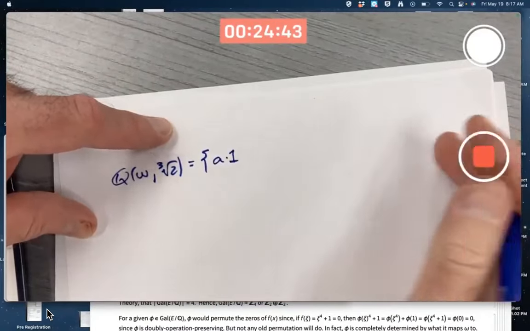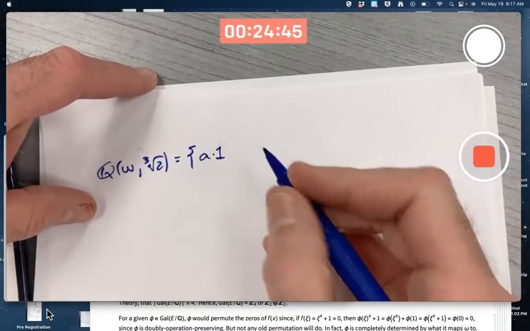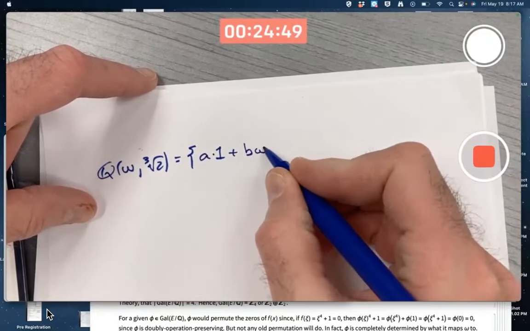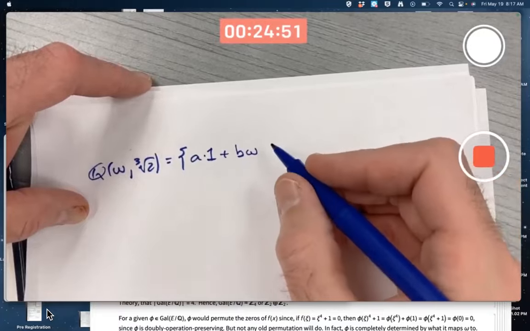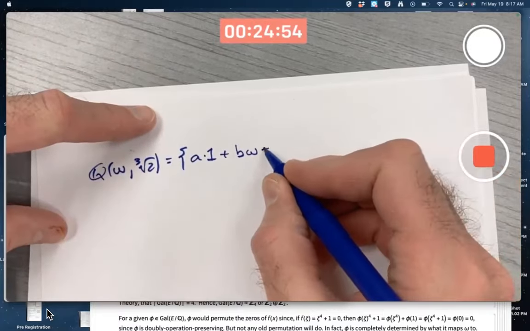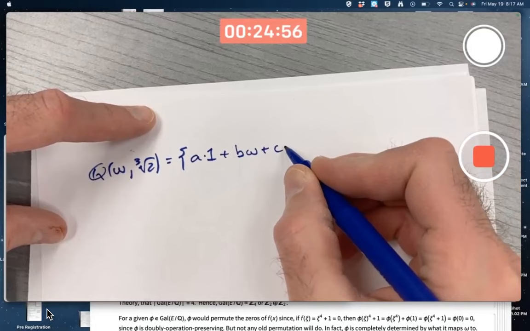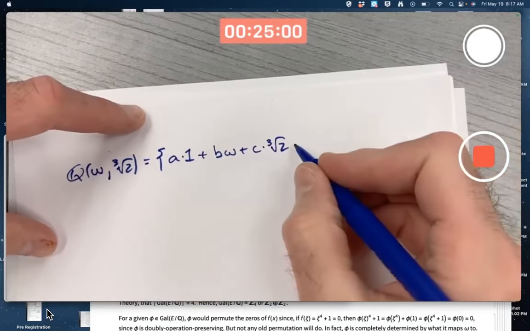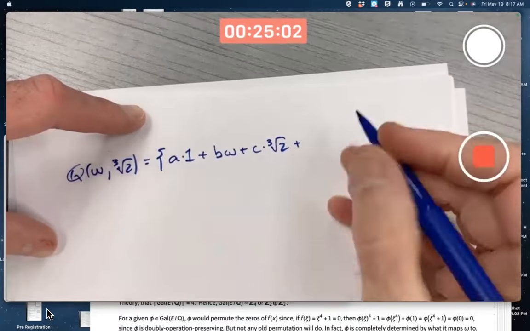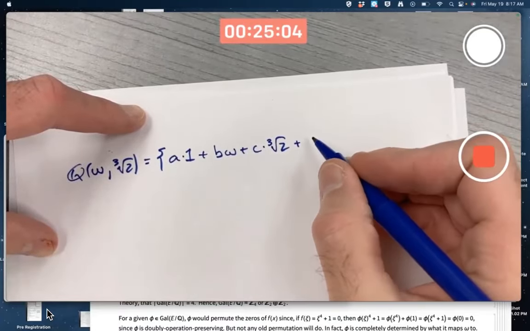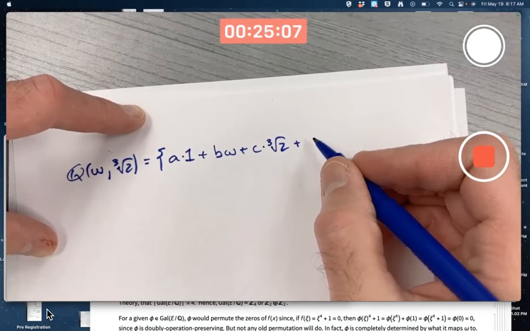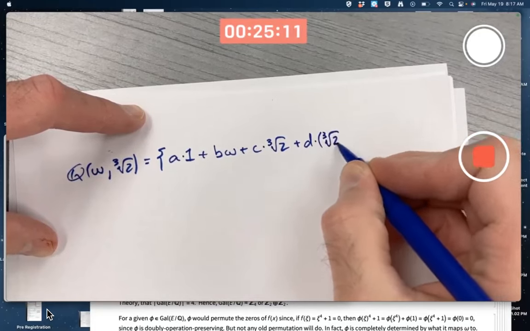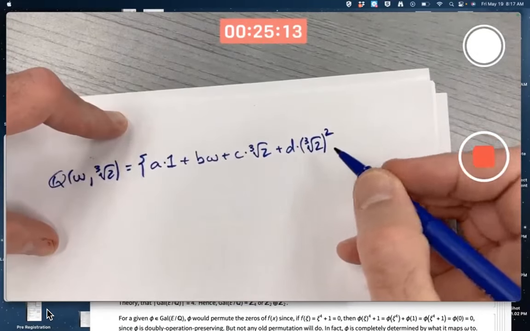One element of the basis is 1. Another element is omega. Another element is cube root of 2. We would also have cube root of 2 squared, which again, you can write with power notation instead if you prefer.